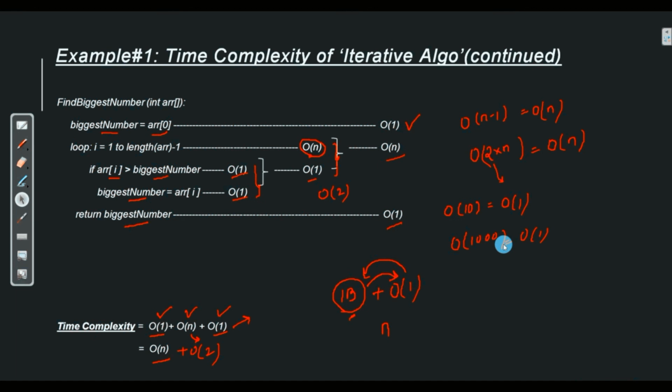And then finally we have added all of the individual statements' complexities to arrive at the final complexity of the entire algorithm. Fine. So now in the next video, let's see an example of finding the time complexity of a recursive algorithm.